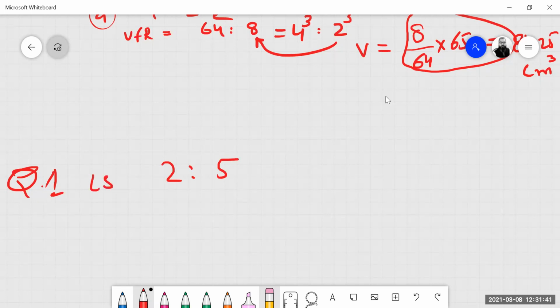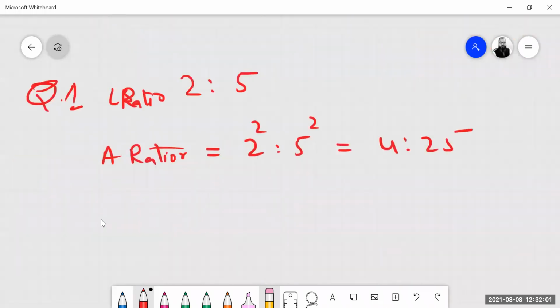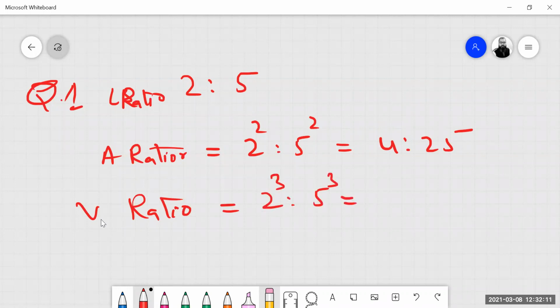The area ratio is the square of the length ratio: 2 square is 4, 5 square is 25, so 4 ratio 25. What will be the volume ratio? 2 cube and 5 cube, so it will be 8 and 125.